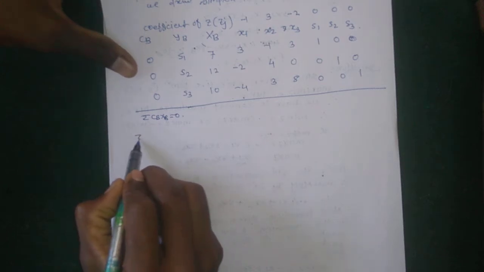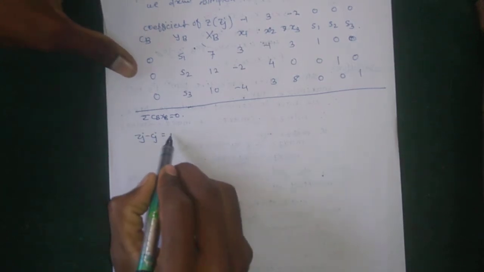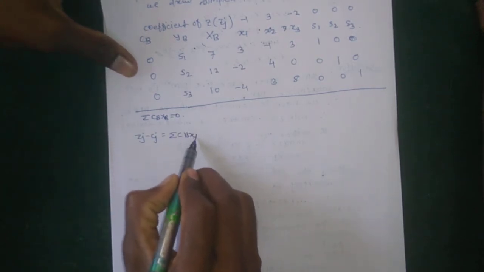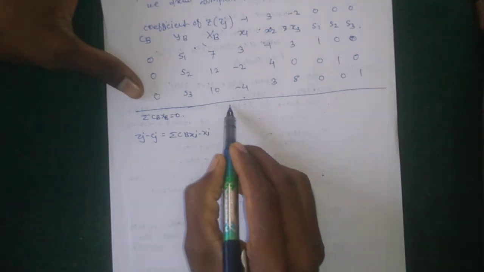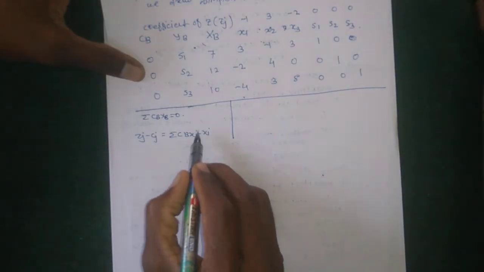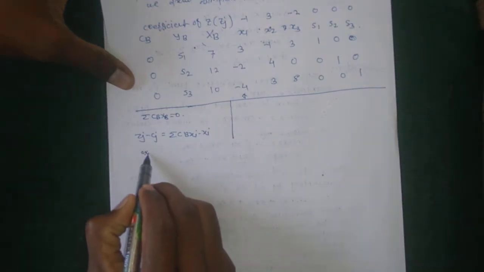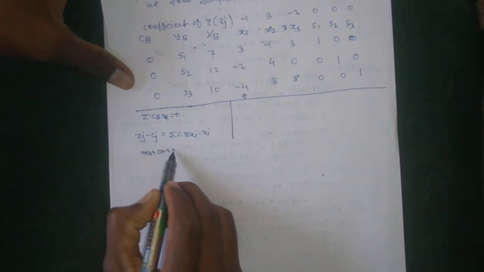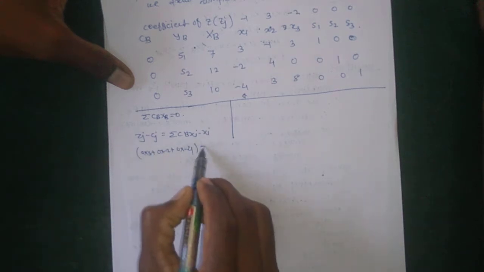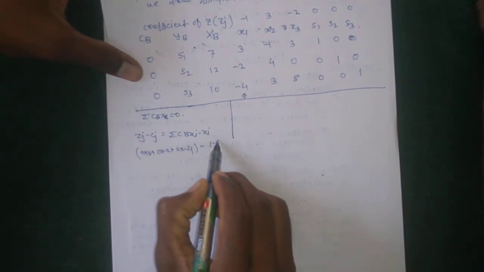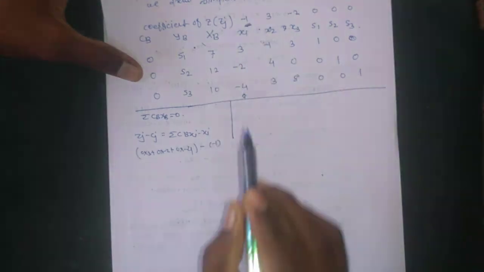Now we have to calculate zj minus cj, which is equal to summation of cb xi minus zj. Using this, the summation of cb xi for the first column is 0 into 3 plus 0 into minus 2 plus 0 into minus 4, minus of minus 1, this is 1.